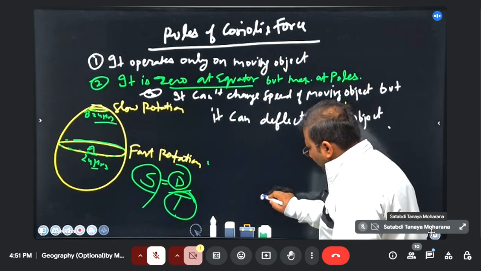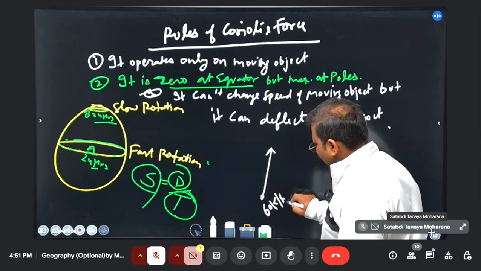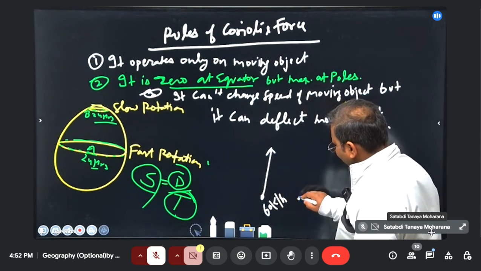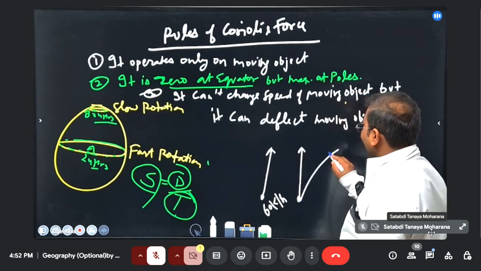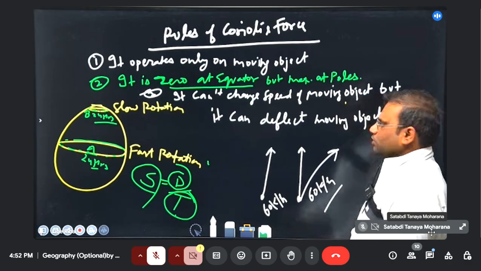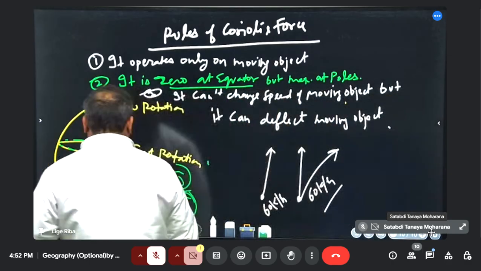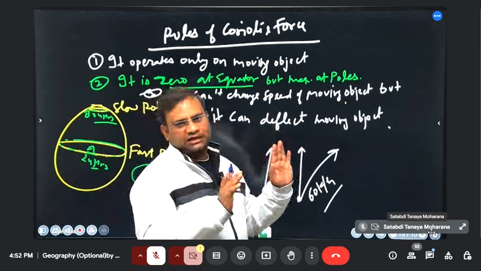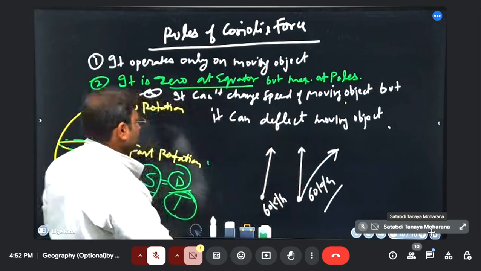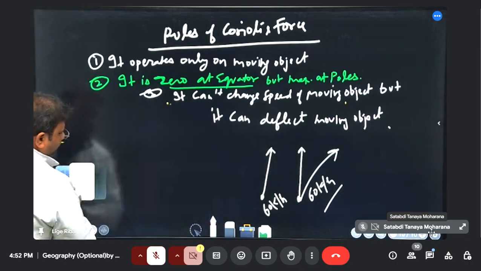Like if this person is moving in this direction at 60 kilometers per hour, Coriolis force can at most deflect it instead of letting it move straight, but does not change the speed. Still it will move at 60 kilometers per hour. So it is only a deflecting force, not increasing or decreasing. Friction can decrease the speed, but Coriolis force can only deflect. Okay, so how it deflects, that is the question now.